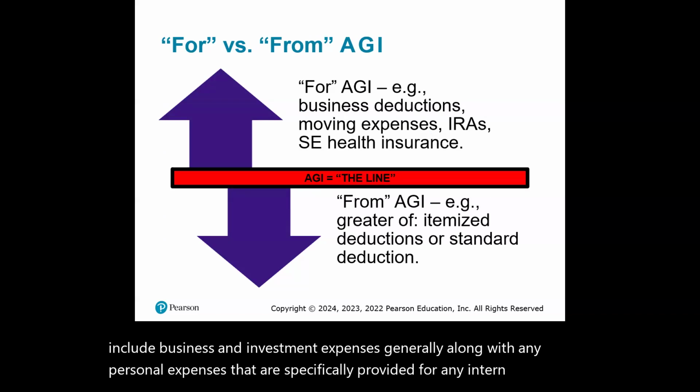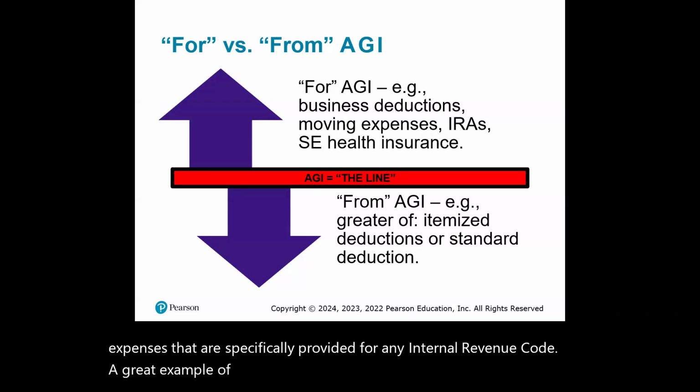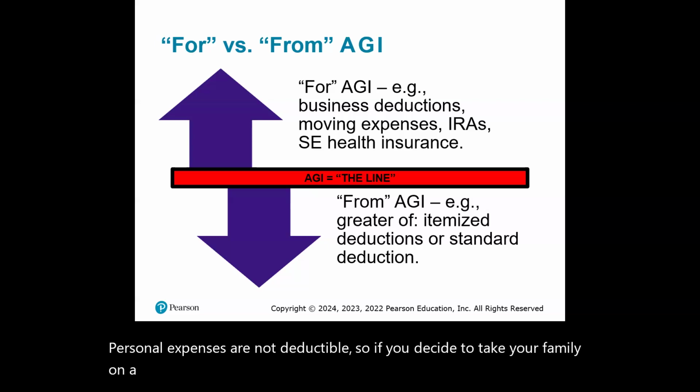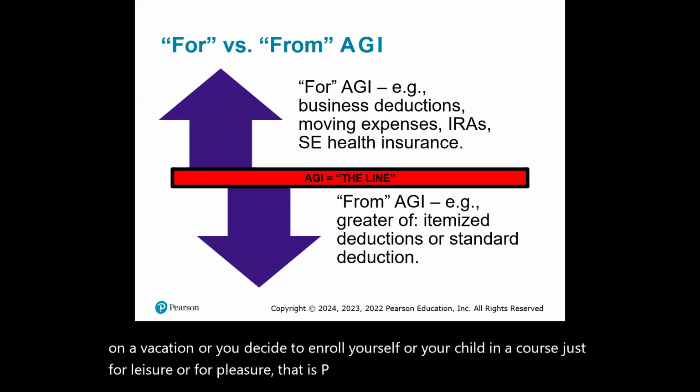A great example of that would be charitable contributions. Most purely personal expenses are not deductible. So if you decide to take your family on a vacation, or you decide to enroll yourself or your child in a course just for leisure or for pleasure, that is purely personal. So therefore, it is not considered deductible.